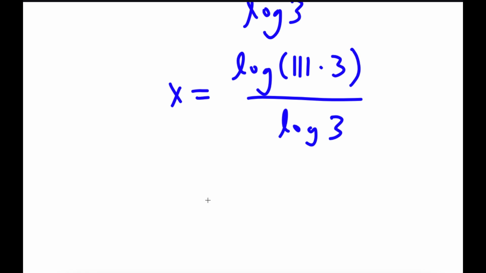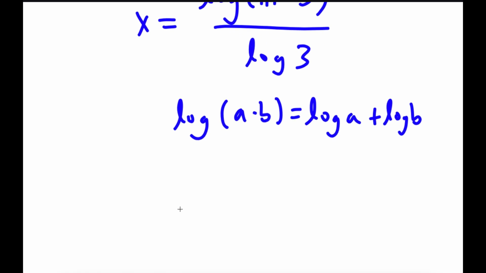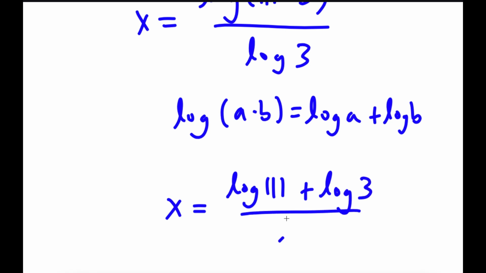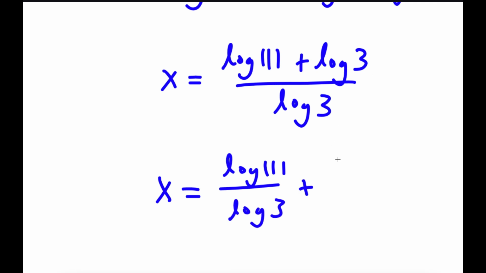And if I have something in the form log a times b, this is equal to log a plus log b. So log 111 times 3 is equal to log 111 plus log 3 over log 3, which is the same thing as log 111 over log 3 plus log 3 over log 3, which is 1.